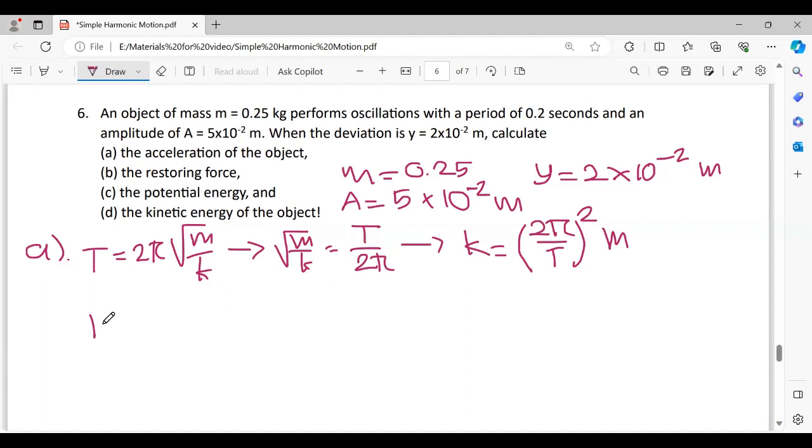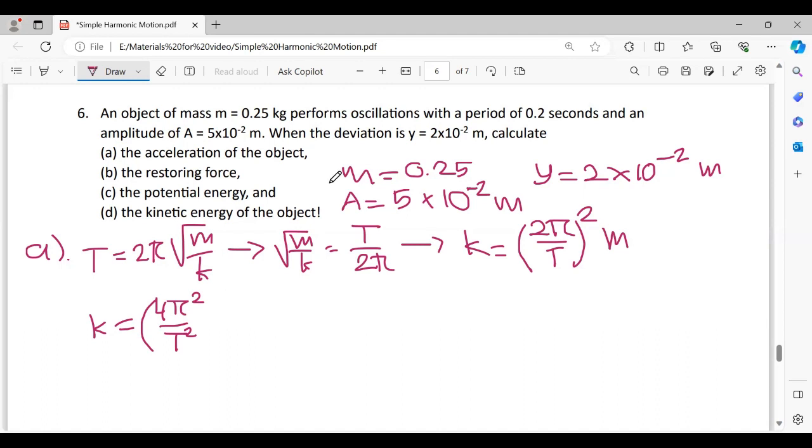And k equals 4 pi squared over T squared times m.